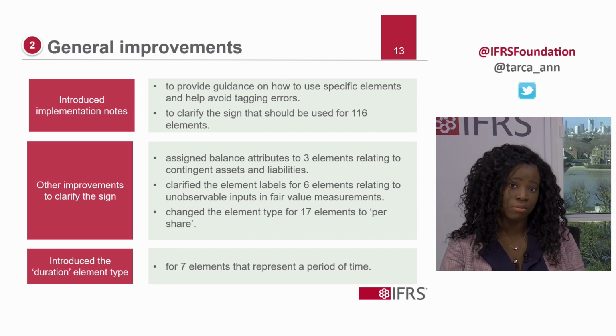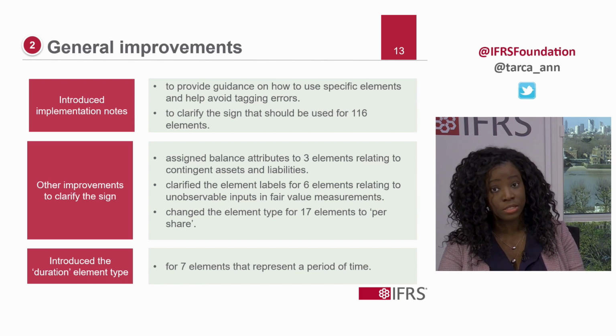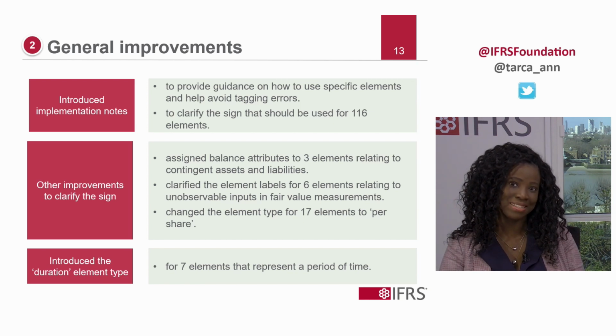However, for some elements, it is not possible to assign balance attribute. An example is the credit derivative element because it does not have a natural accounting balance. As a result, we introduced implementation notes that clarify whether a positive or negative sign should be entered for 116 IFRS taxonomy elements that cannot be assigned balance attributes.